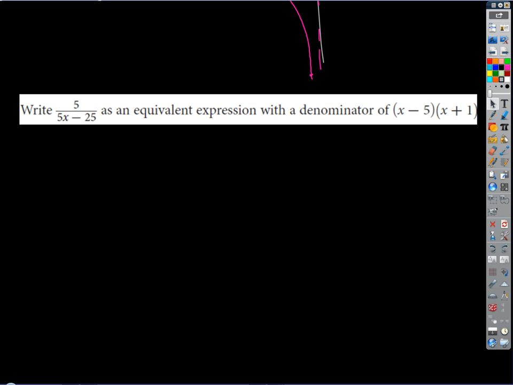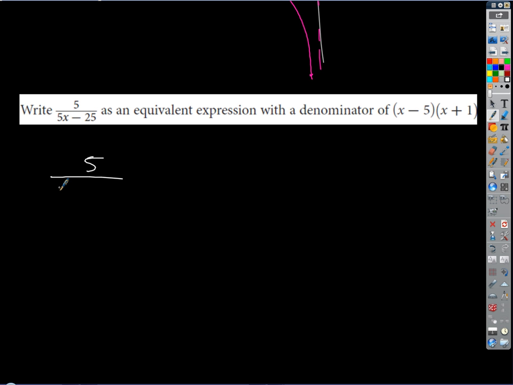Okay, so what could I do then if I want to make it have a denominator, x minus 5 over x plus 1? What is the denominator now if I factor it? x minus 5 over, what could I do on the bottom? What could I factor out on the bottom?